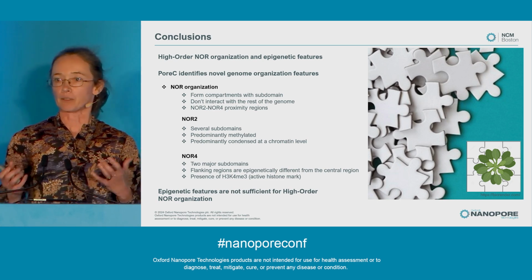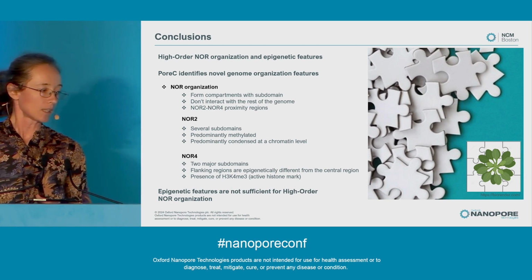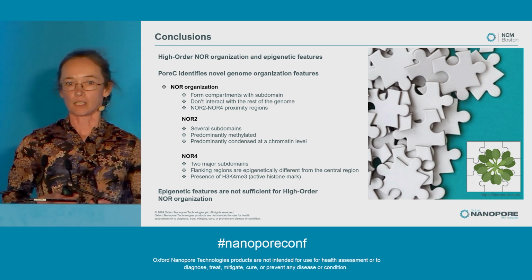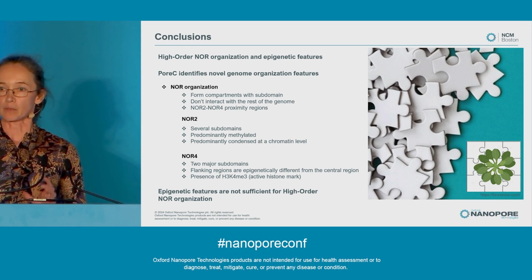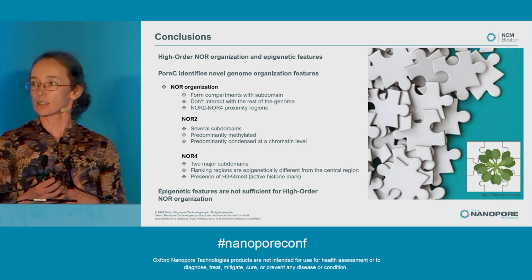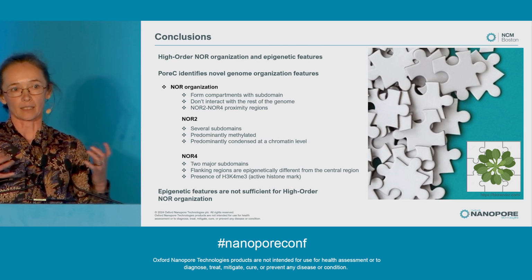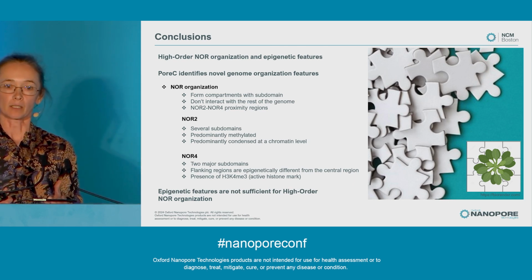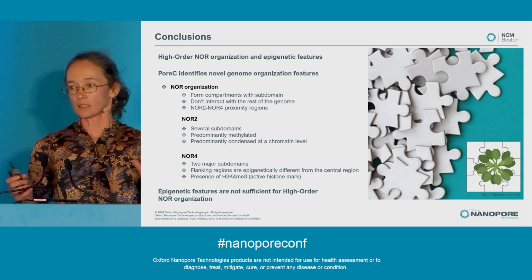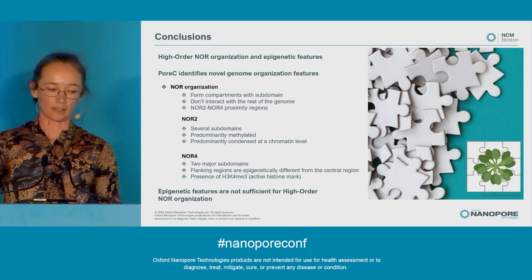But we want to explore this further. We also observed how strikingly different both NORs are in respect of epigenetic profiles, with NOR2 being more highly methylated and in a more condensed chromatin state, whereas NOR4, the central region, is likely to be expressed.